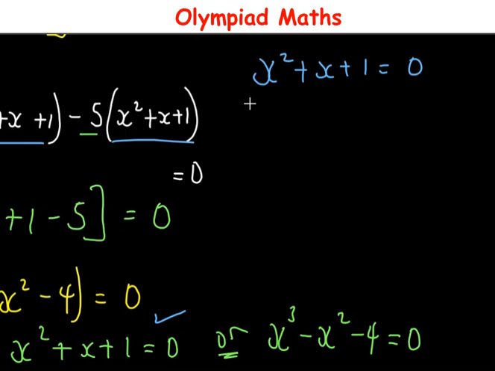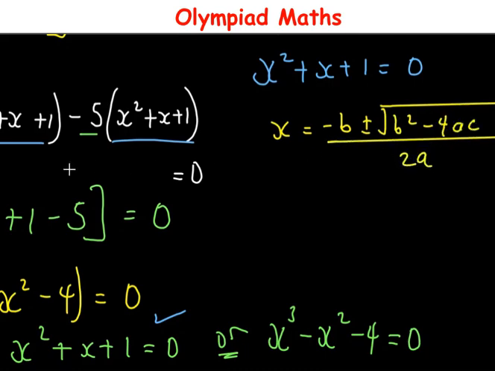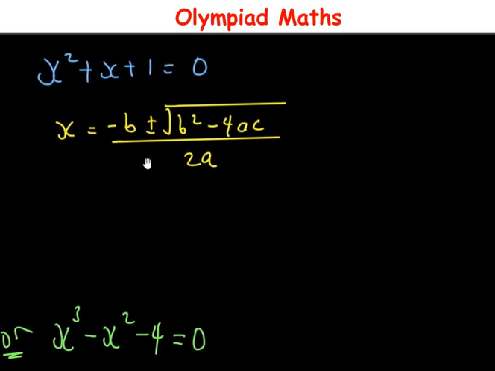Now, we're going to make use of the quadratic formula to solve this. The formula is given by x is equal to minus b plus or minus square root b squared minus 4ac all over 2a. In this case, the value of a is the coefficient of x squared, which is 1.